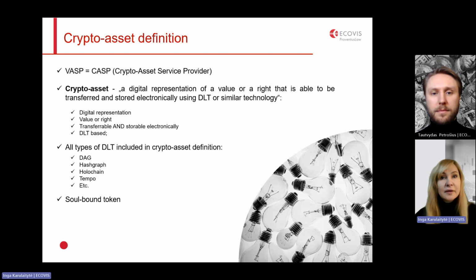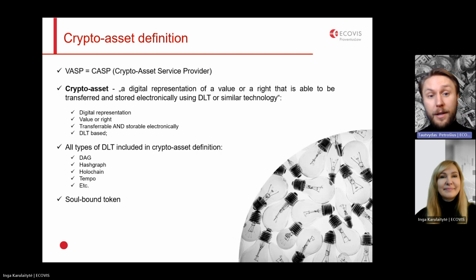And the fourth point, the transfer and storage of that digital representation of a value or a right needs to use electronic DLT or similar technology. So it's not either or transferred and stored, but the representation of value must have an ability to be transferred and stored electronically. That's right.